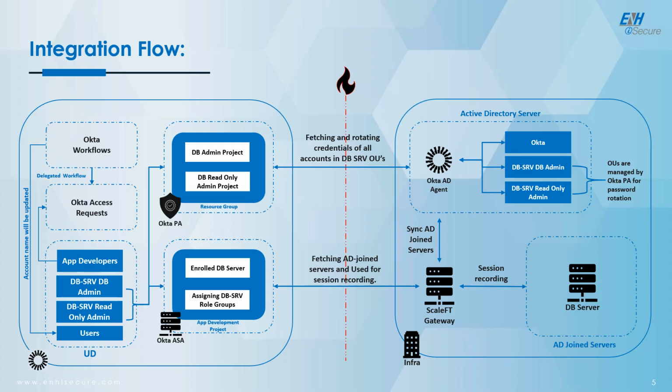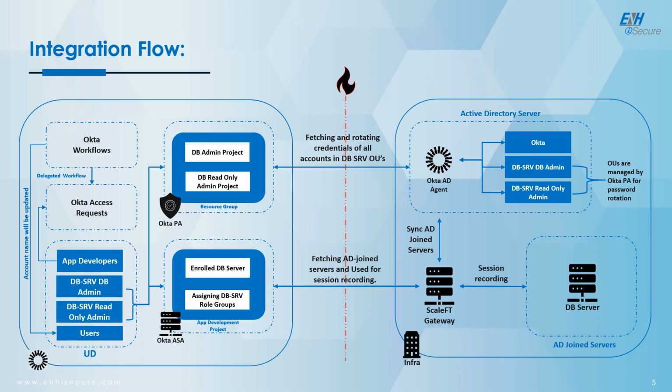Used here for automated password rotation of Active Directory accounts. Third, Okta Advanced Server Access enables enrollment of AD joined servers and captures session activity for compliance and auditing purposes. Finally, Okta Workflows automates updates to user profiles, including the account names used to access specific servers.